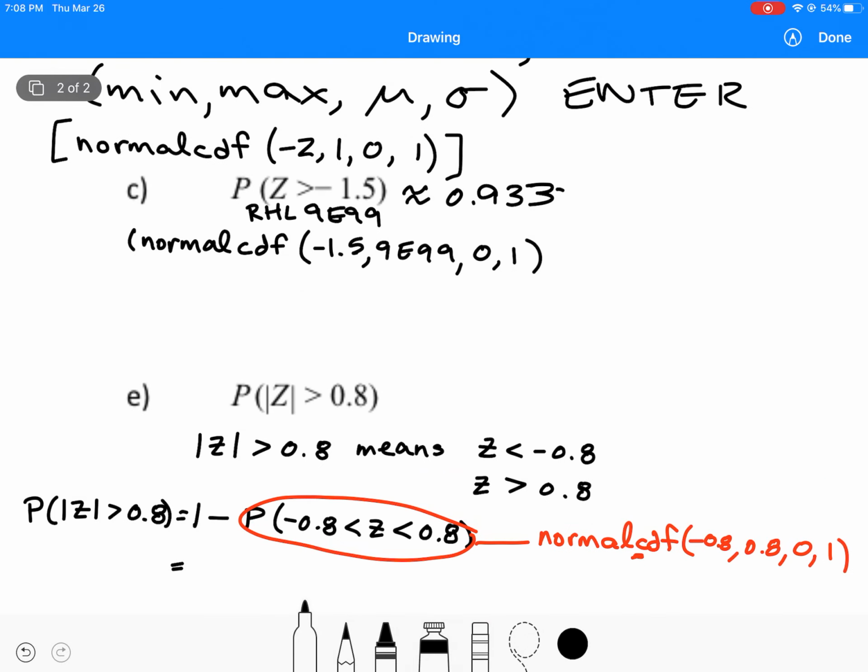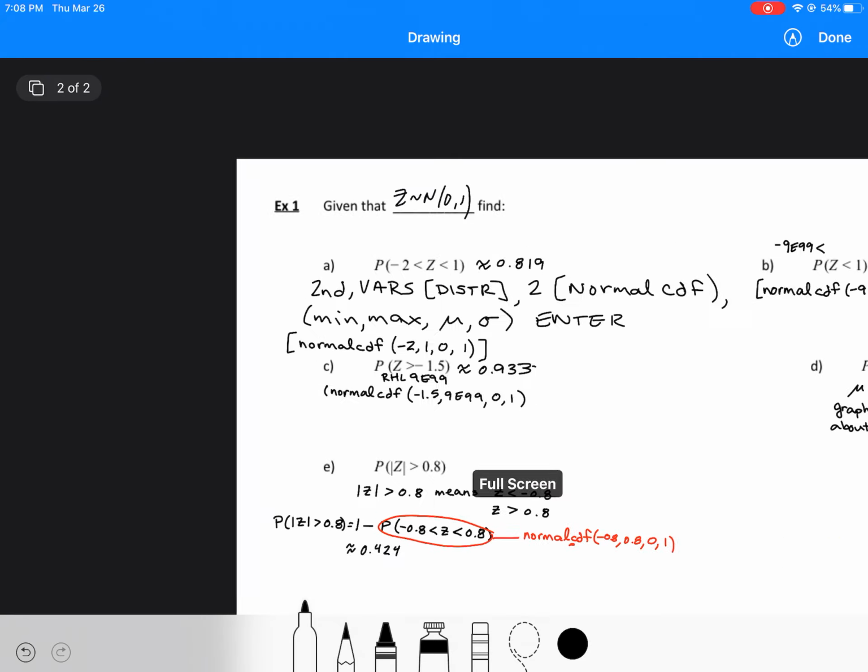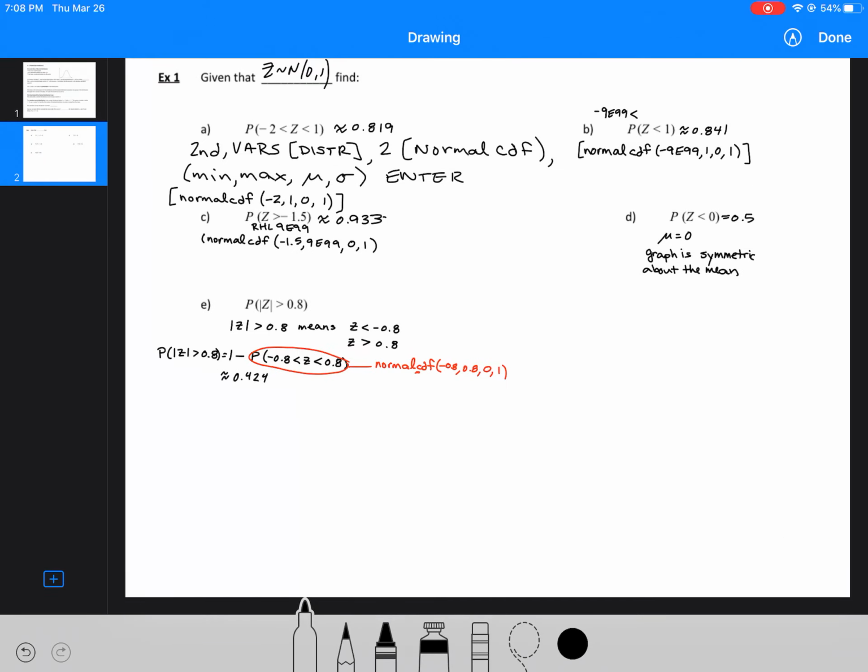I can evaluate this all in one step on my calculator, and it comes out to approximately 0.424. So another neat way to use your calculator, we're looking at finding the area underneath a normal distribution curve to determine the probability that a random variable is between 2 values.